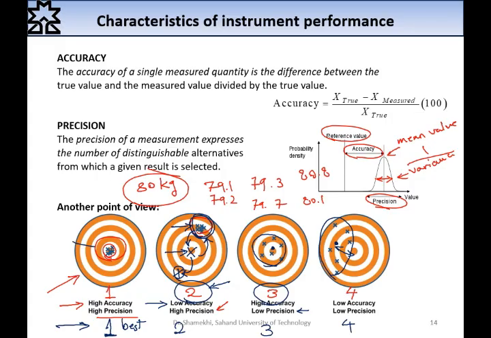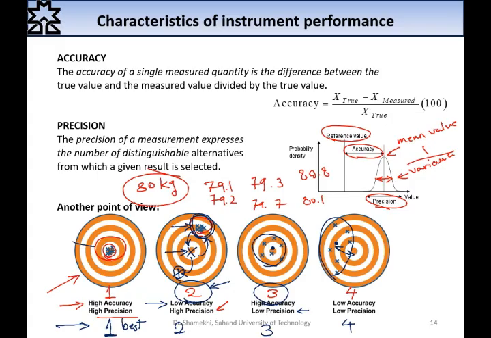And the second one, we have some calibration problem in our devices, in the instrumental parts of our gun, and therefore we can calibrate those instruments and solve the accuracy problem.